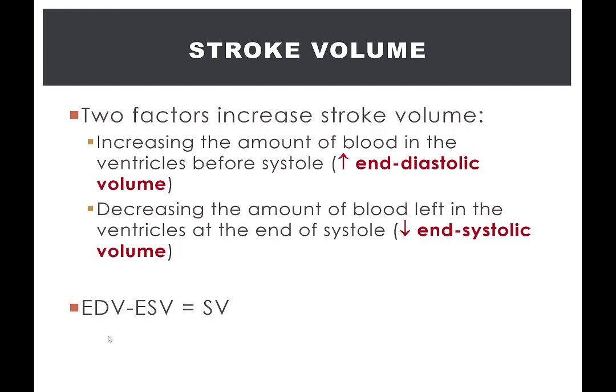So if you think about the description of stroke volume, end diastolic volume and end systolic volume, you would know that stroke volume equals end diastolic volume minus end systolic volume. So if end diastolic volume increases, as we just said, and end systolic volume decreases, as we just said, according to this formulation, stroke volume would increase. And this is what explains the increase in stroke volume from rest to about 50% VO2 max intensity.